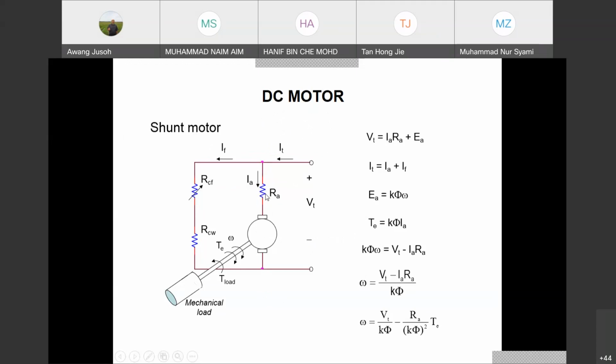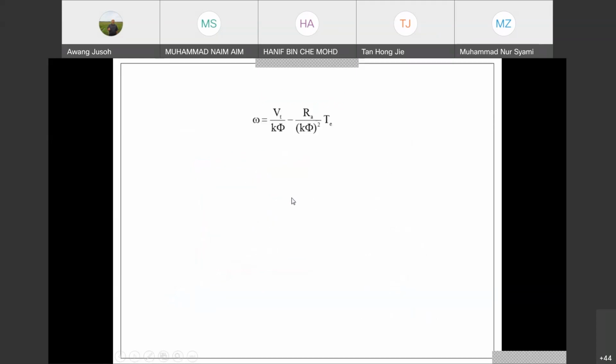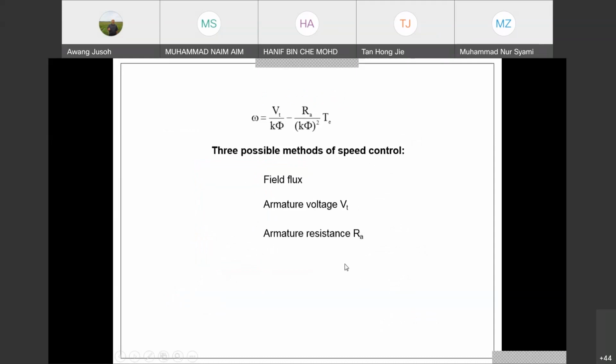Otherwise, you cannot control the Ia, because Ra, the armature resistance, is fixed. Okay, clear? That's how you control it.